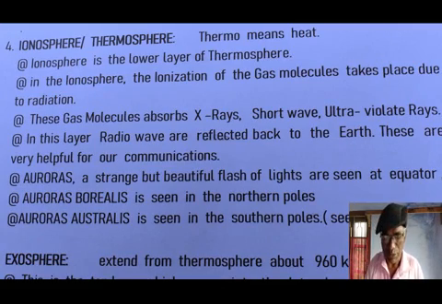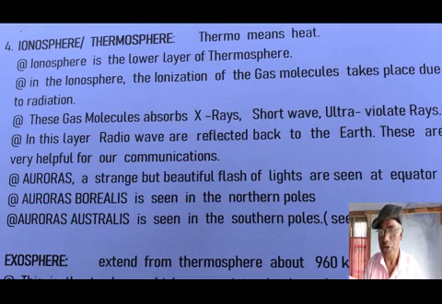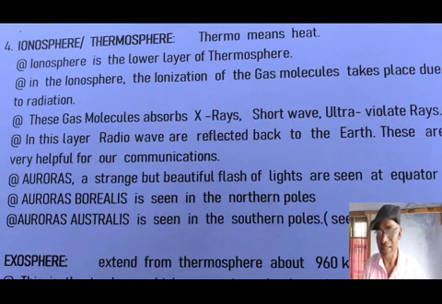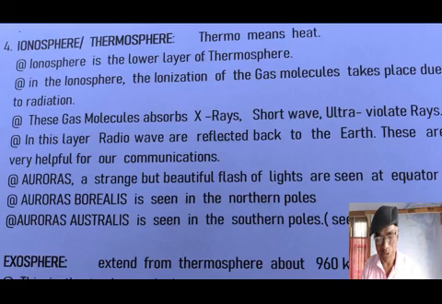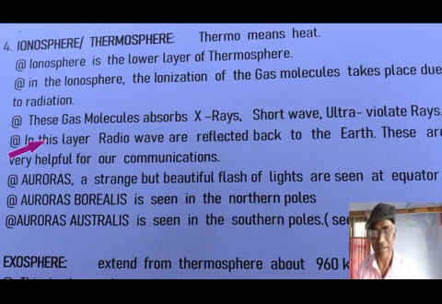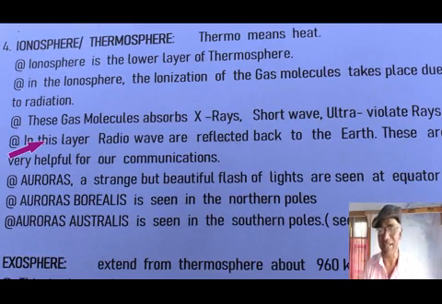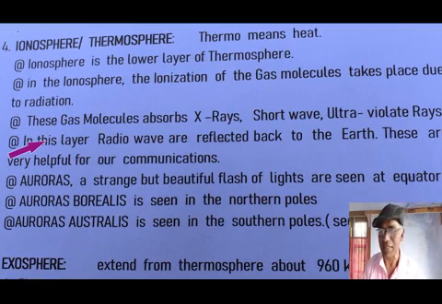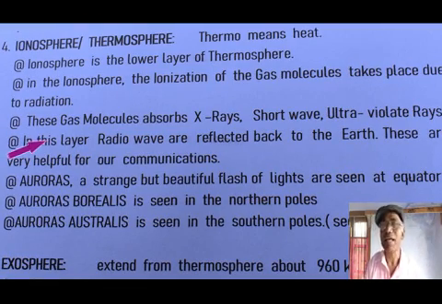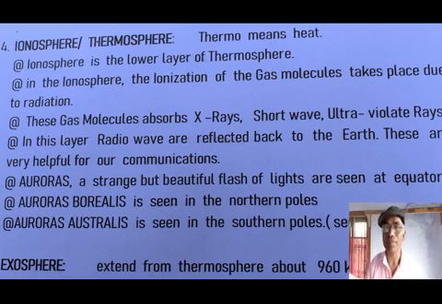These molecules absorb X-rays, short waves and ultraviolet rays. And so, in this layer, radio waves are reflected back to the earth, meaning they are sent back to this earth, and these are very helpful for our communications.